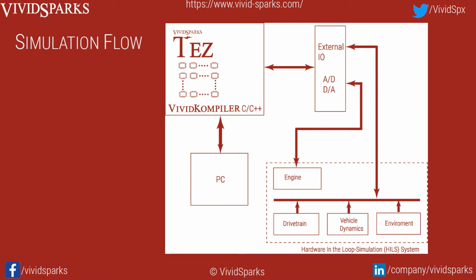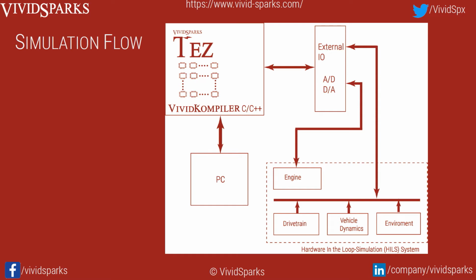In this one you have the engine, drivetrain, and vehicle dynamics, for example a drive assist system, a brake assist system, and the tire pressure and so forth. The environment is the external environment, or real air pressure and so forth.